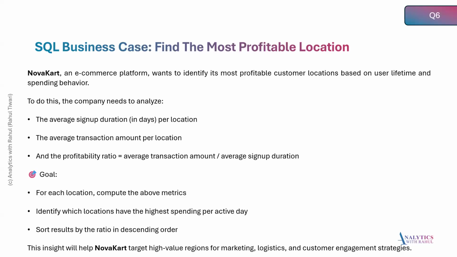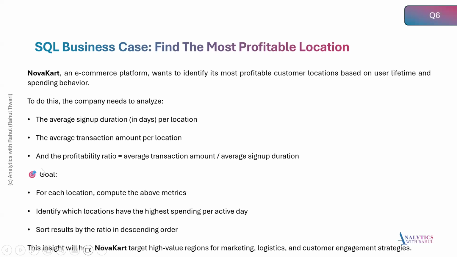The goal here is for each location compute the above metrics, identify which locations have the highest spending per active day, sort results by the ratio in descending order. This insight will help Novacart target high-value regions for marketing, logistics, and customer engagement strategies.